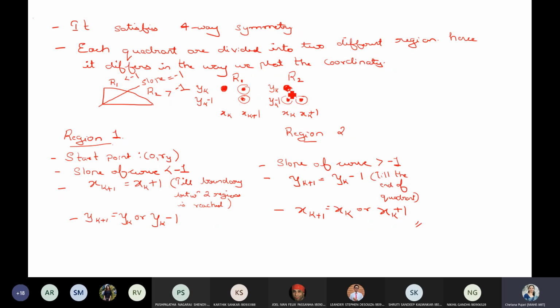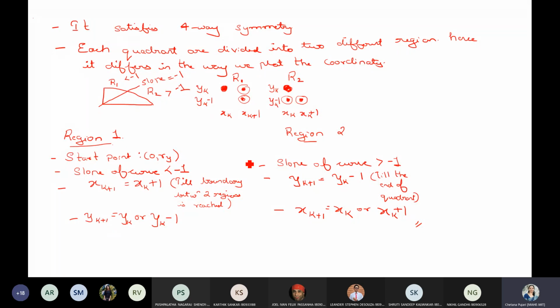Initially it was yk, now it is yk minus 1, and now you are going to make a decision whether you have to go with the same value of x or increment the value of x. So in R1 region, you are going to decide about the value of y. In R2, you are going to decide about the value of your x, whether to increment or keep the same value. Here, whether to decrement y or keep the same value. So that decision is made.